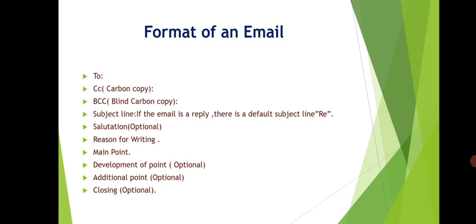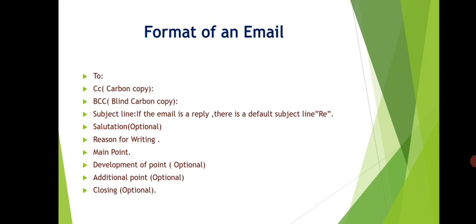You inserted carbon paper between two sheets of paper. Whatever you wrote on the top sheet would appear on the other paper. This tradition is carried forward into electronic mail, and it is CC.